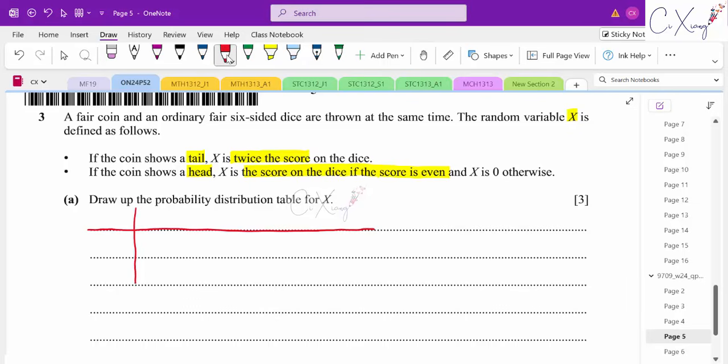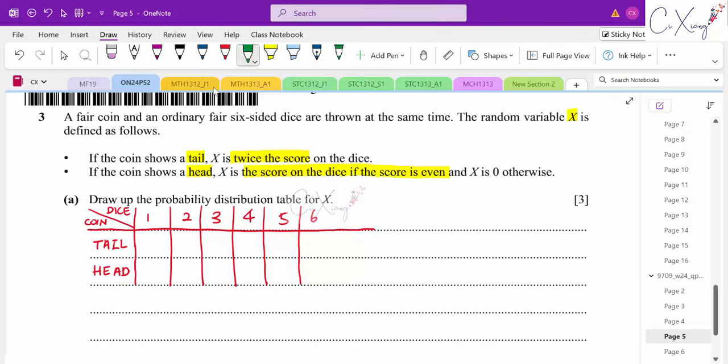So I can draw a table with all the possible outcomes. For the dice, I'm having 6 numbers here: 1, 2, 3, 4, 5, 6. Then for the coin, I'm having tail and also head.